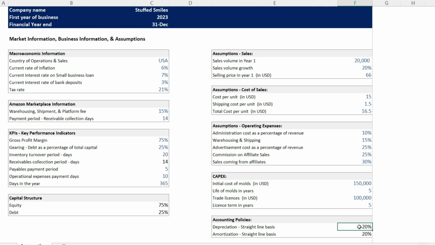The 20% is just a way of further describing that, and 20% simply means if we divide 100% of the asset over 5, that becomes 20% each year. So straight line basis 20% is just a way of describing that. The main thing is we are splitting the cost of both the assets, I mean the molds and the intangible asset, over the 5 years.